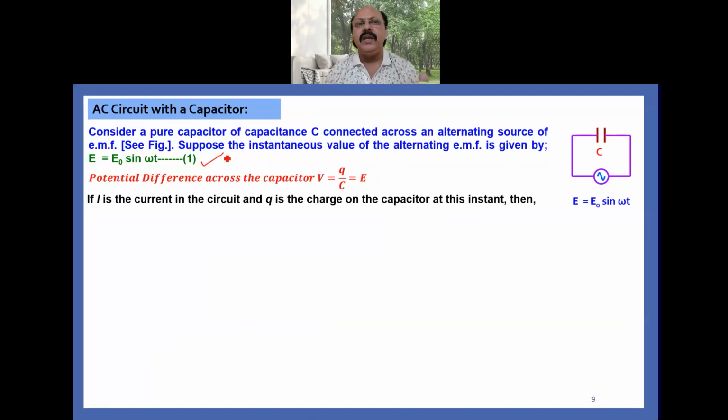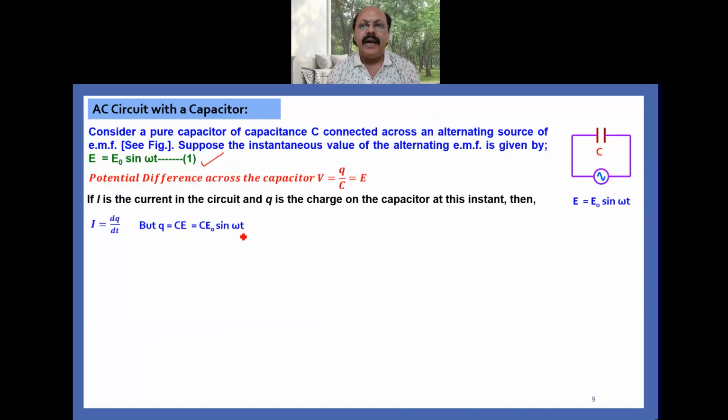The potential difference across the capacitor must be equal to the applied EMF, so V equal to Q upon C equal to E. Substituting the value of E, Q equal to C E naught sin omega t.